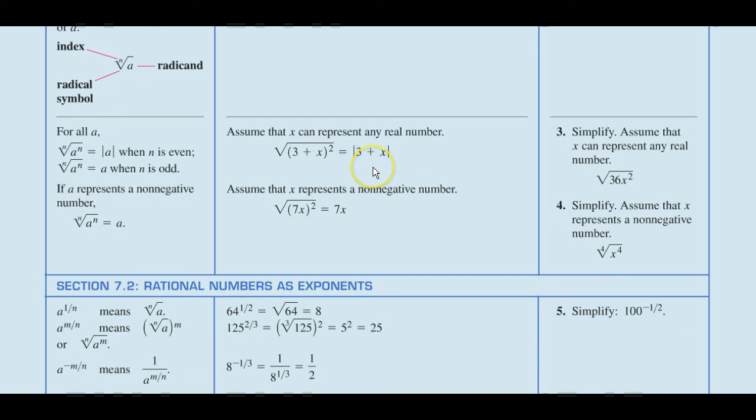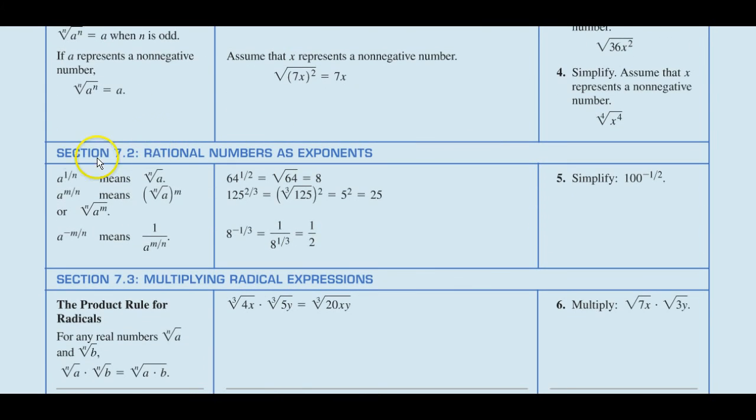And to help keep the possibility that it could have been a negative that was squared, we use the absolute value sign, because this could have been negative, but it always comes out positive.